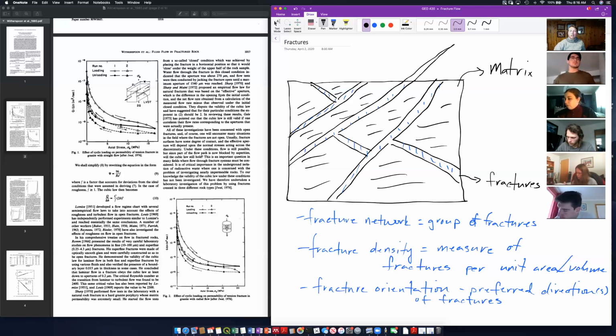We're not going to consider this in our class because that makes our life much harder. But some metric that we're also interested in is the average length the fracture stays open for. So fracture length is another thing that we're interested in characterizing.